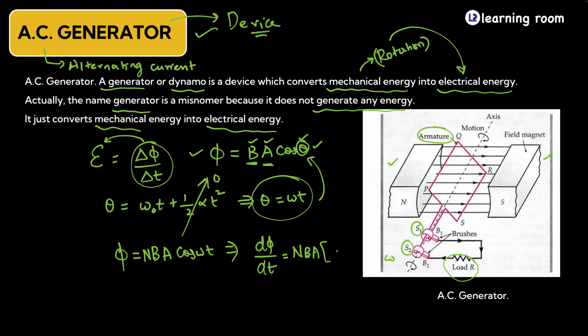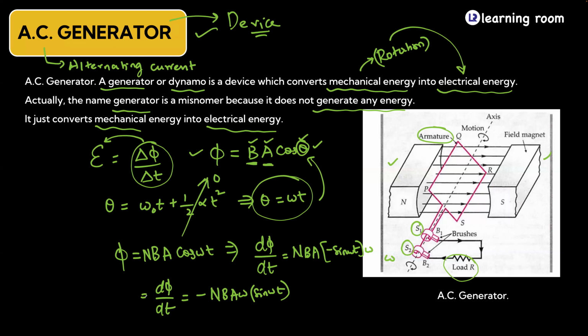It is minus sine omega t into omega, because I'm using the chain rule. So d phi by dt is equal to minus NBA omega sine omega t.